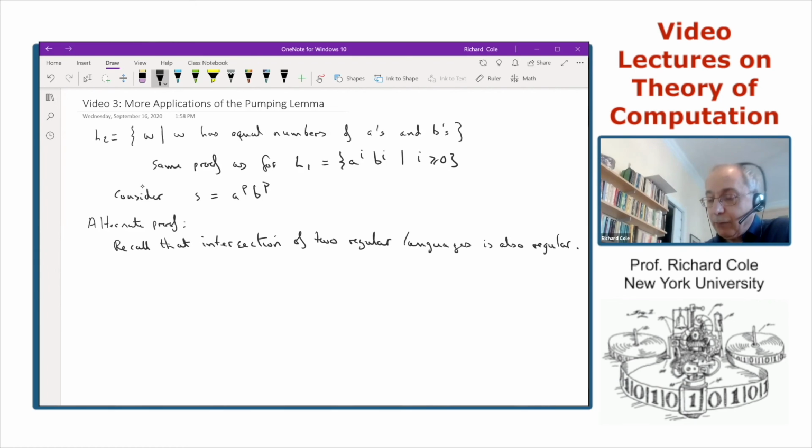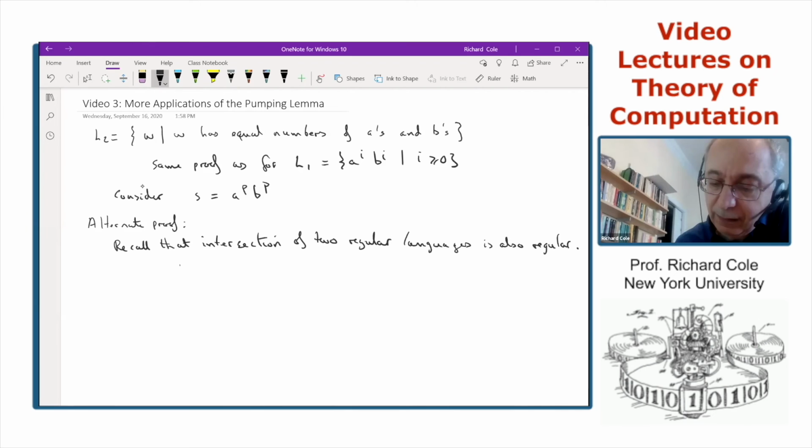Now, maybe you don't recognize this immediately, but you know that the union of two regular languages is regular, and you know that the complement of a regular language is regular. And the thing is, intersection can be expressed as a combination of union and complementation. So in fact, the intersection of two regular languages is also regular.